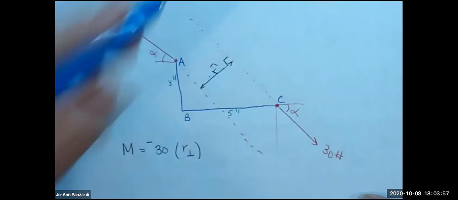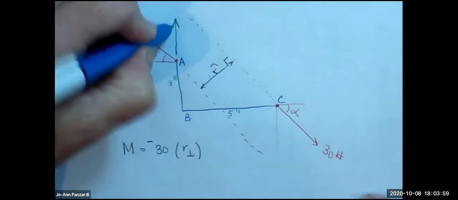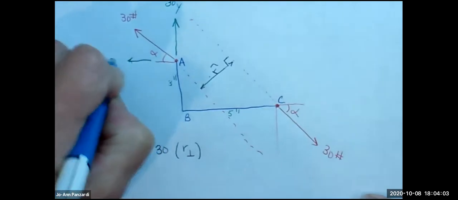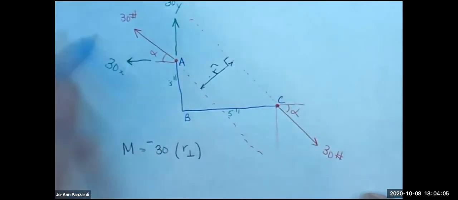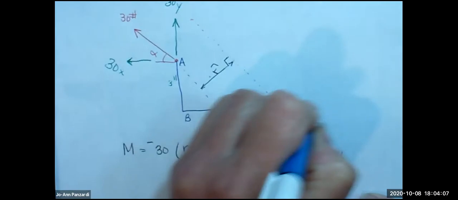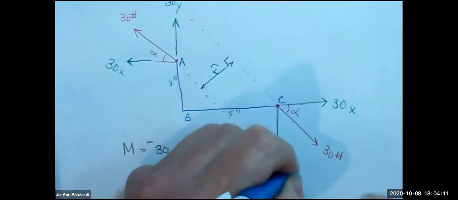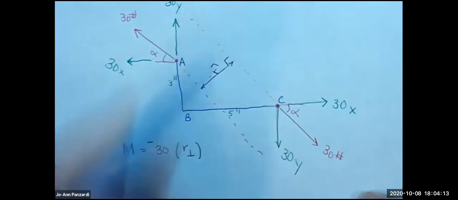Instead, what I'm going to do is break this couple. Here's the 30y, here's the 30x, and here's a 30x, and here's the 30y. There are two couples now, right?